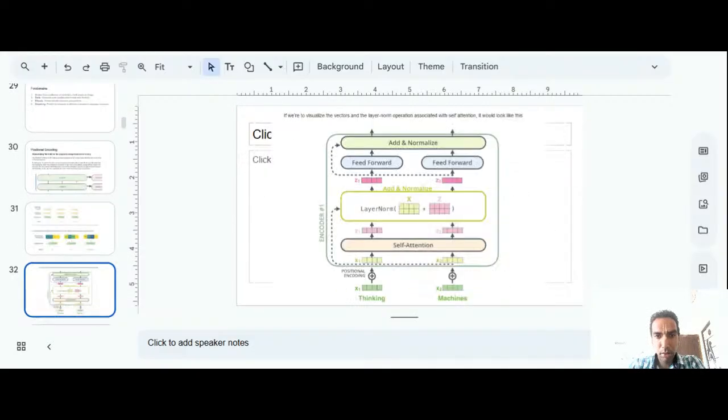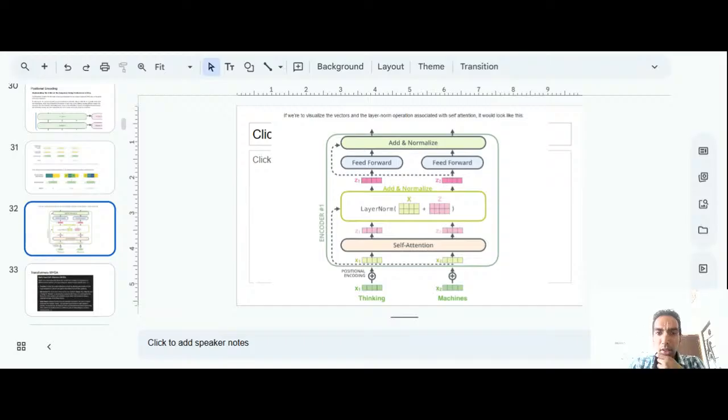So the transformer has two stages: encoding and decoding. Encoding ensures that the relationship between different words of a sentence is captured by the self-attention matrix.